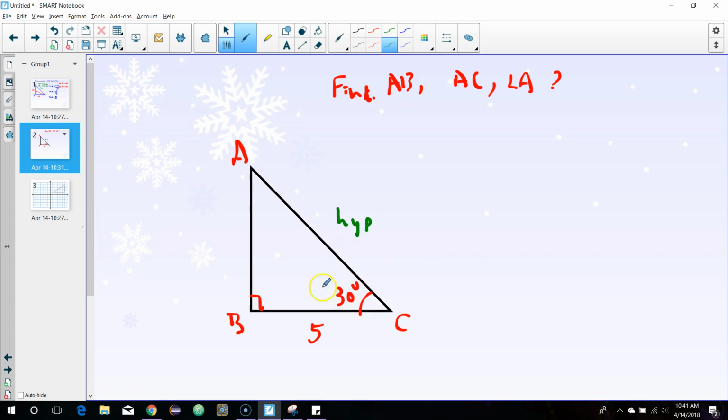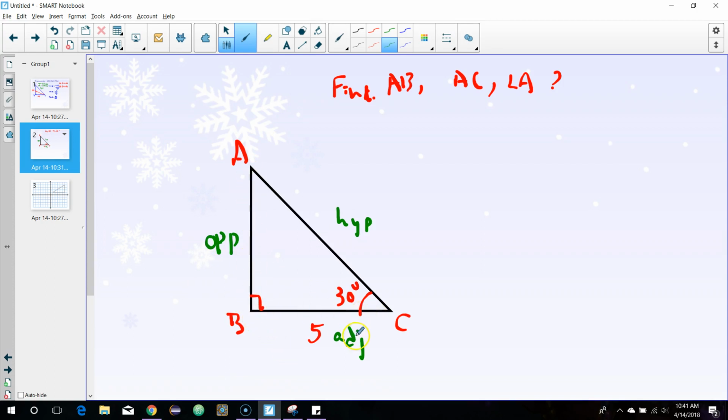So opposite is going to be my AB, because that's where my angle is pointing. This is the only angle I know, because I haven't found A just yet, so I'm just using this C. Because I have the opposite, I have the hypotenuse, so finally this has to be the adjacent. There are only 3 ways to go. So now, if I want to find AB, I am trying to find this length.